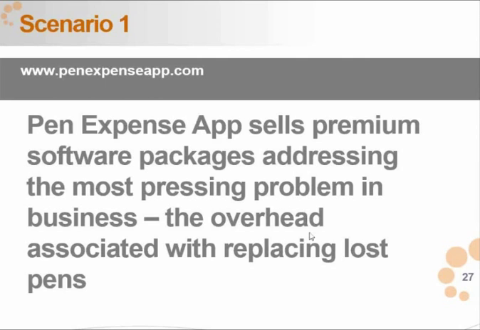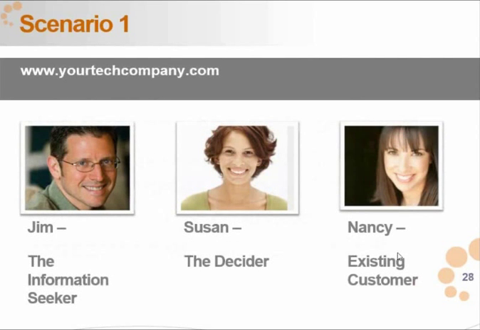Pen Expense App has discovered that there are three different types of personas they could address. We have Jim, who is the information seeker. We have Susan, the decider, and Nancy, who's an existing customer of the application. Let me go into a little bit of detail on this slide.